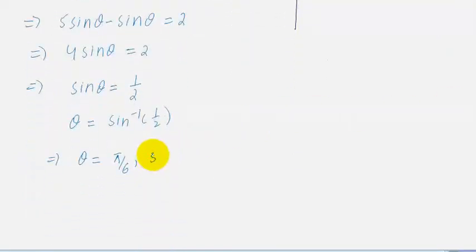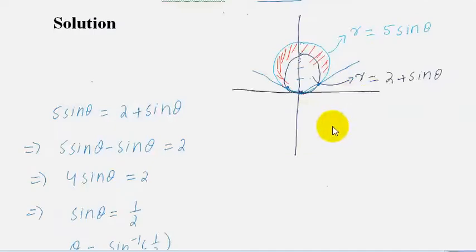So we have two points of intersection, pi by 6 and 5 pi by 6. This is our angle pi by 6 and the second one is 5 pi by 6 in the second quadrant.